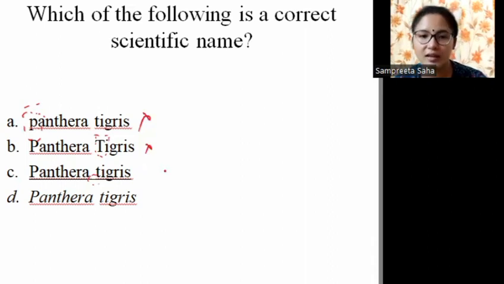It should be in italics. So the correct one is Panthera tigris. The first letter of the genus is in capital, the first letter of the species is in small letters, and the name is written in italics. So the correct answer will be option D.